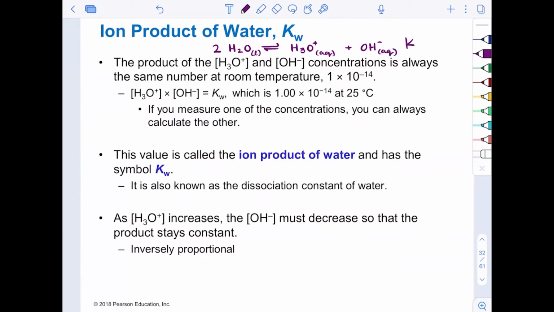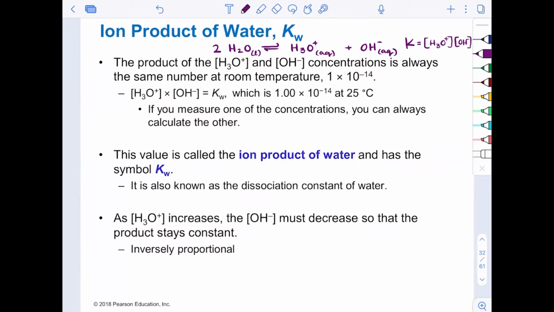Notice here the equilibrium constant K is going to involve, again, products divided by reactants, but because our reactant water is a pure liquid, the K for this autoionization is going to be expressed by the concentration of hydronium times the concentration of hydroxide.